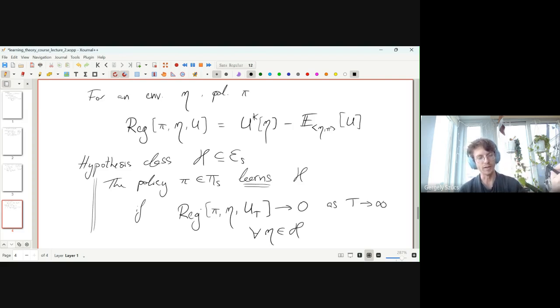That means roughly 10% of the time your policy gets cat versus dog wrong, so we cannot say that it fully figured out what cats and dogs are. If this goes to 0, it's basically the weakest possible condition you can put on something to be able to say that the policy actually learned what's going on, namely in the limit, it gets the most reward at each time step. So it eventually figured out the right thing.